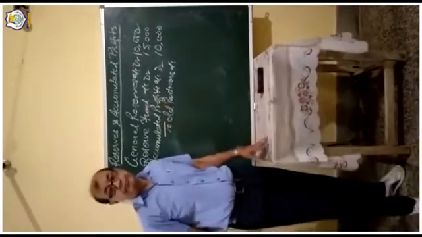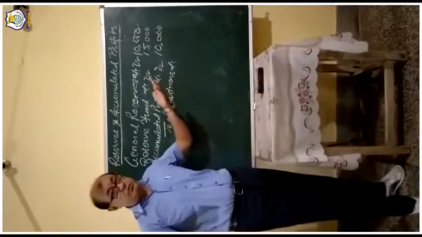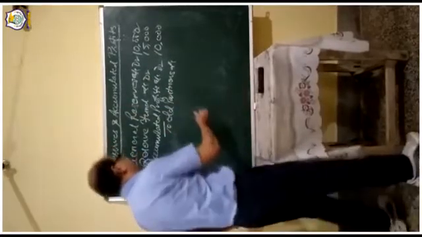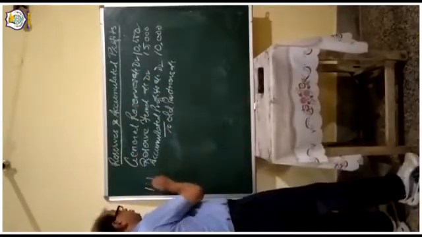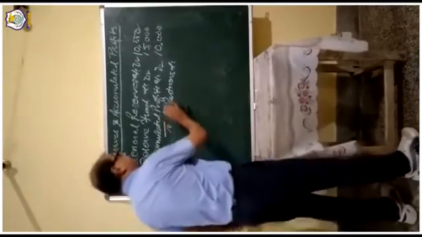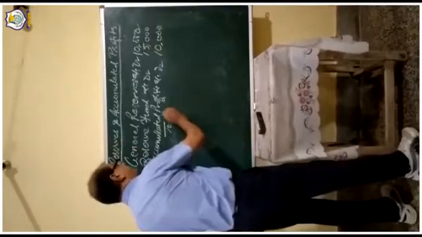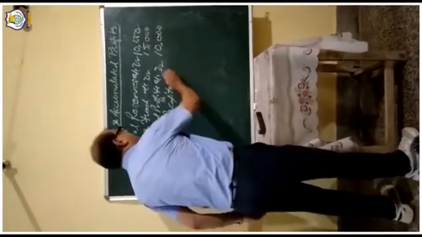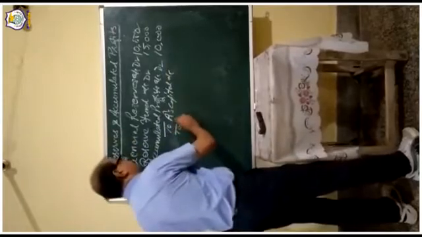Suppose there are only 2 partners, and their ratio is equal, 1:1. So we have to write: general reserve, reserve fund and profit debited 35,000, to A's capital account and B's capital account.